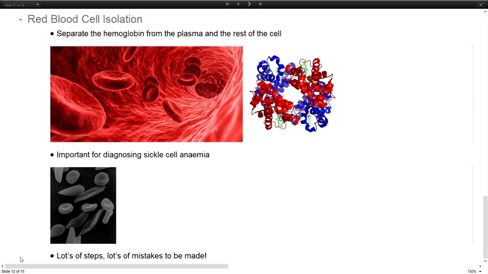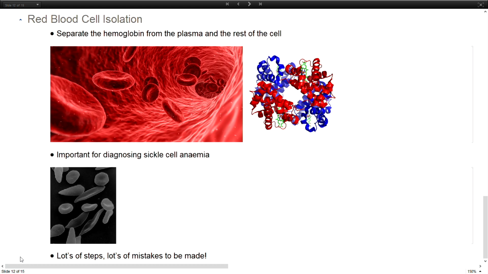And now I'm getting kind of a crossover between the previous ones unintentionally, but hemoglobin is the thing in your red blood cells that binds to oxygen and distributes it to the rest of the body. And sometimes we want to take a sample of blood, extract the red blood cells and extract the hemoglobin from that and just have a pure sample of that.